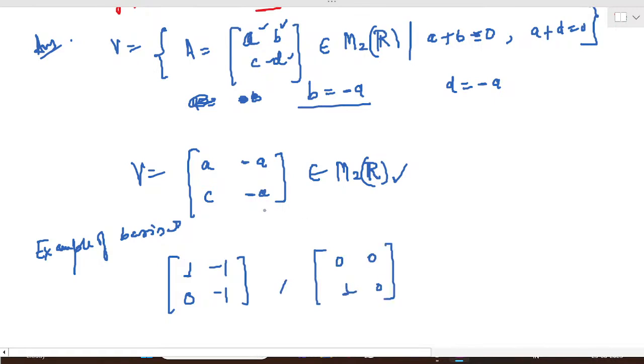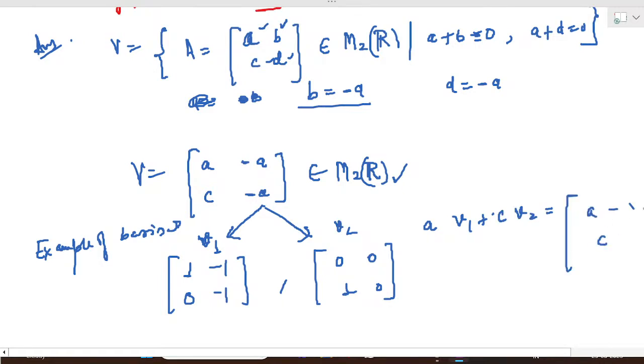If I want to express this matrix, I can use these two vectors, right? Let's say this is your V1, let's say this is your vector V2. So if I write A times V1 plus C times V2 equals to this, I can generate this.